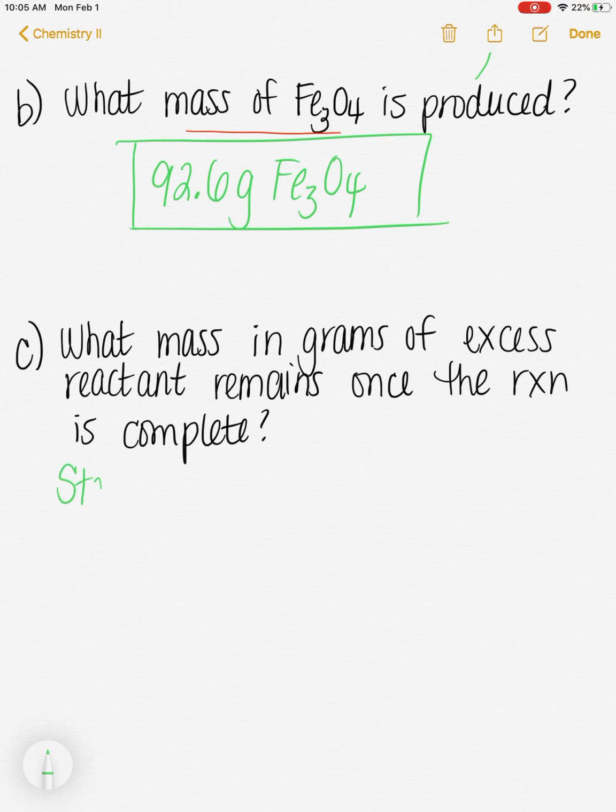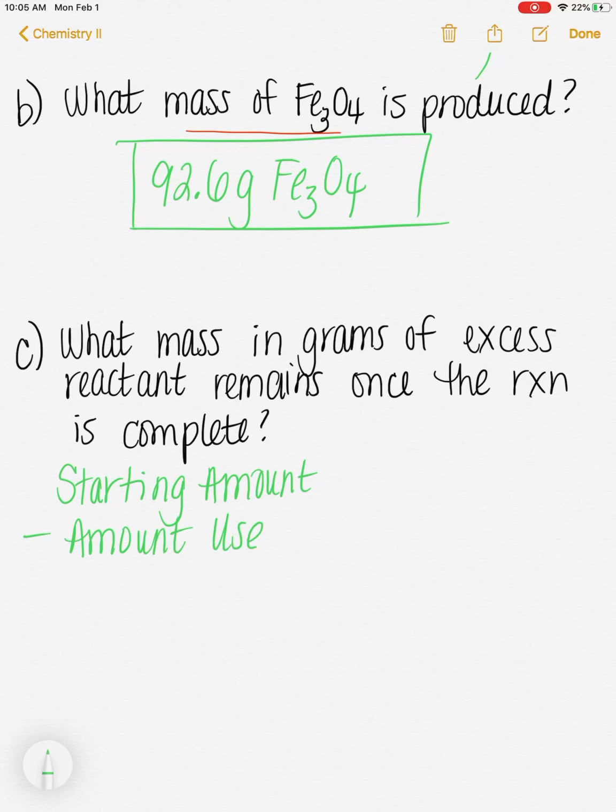You are going to need to take the starting amount that you had of excess minus the amount used, which I hope makes sense, because if you know how much you start with and you subtract off how much you used, then you are going to know the amount left over.